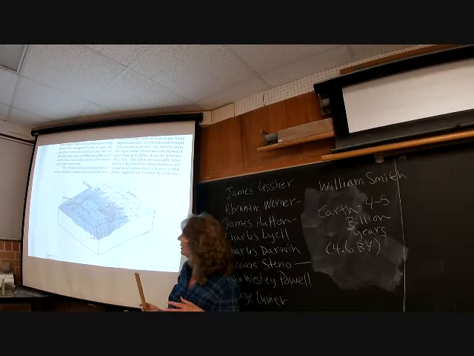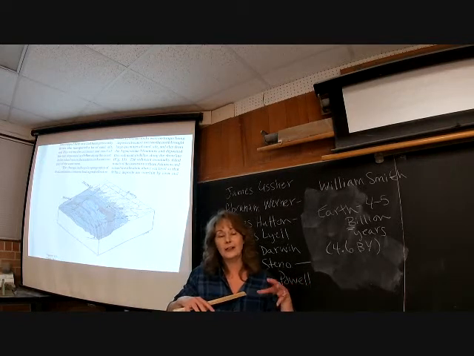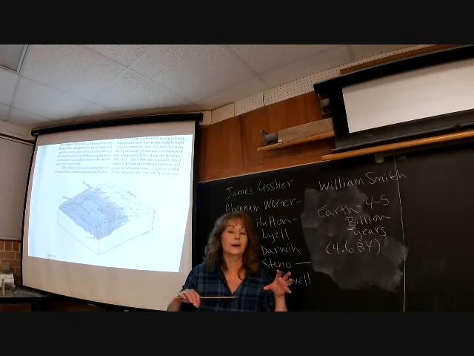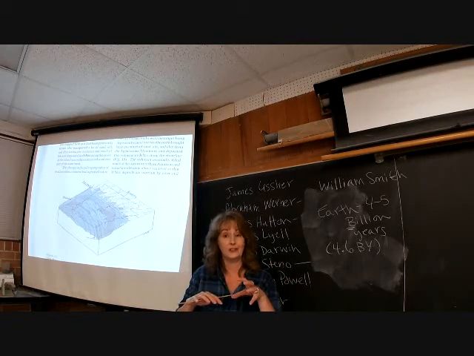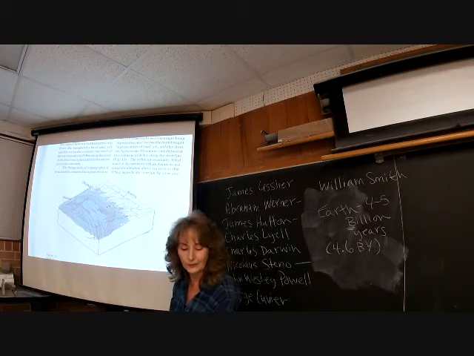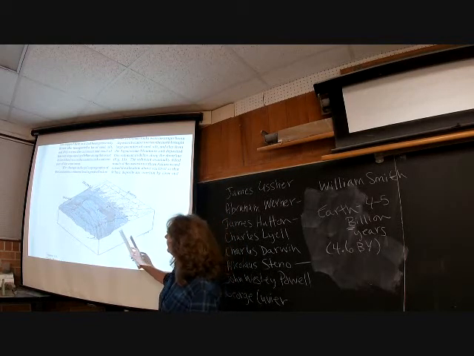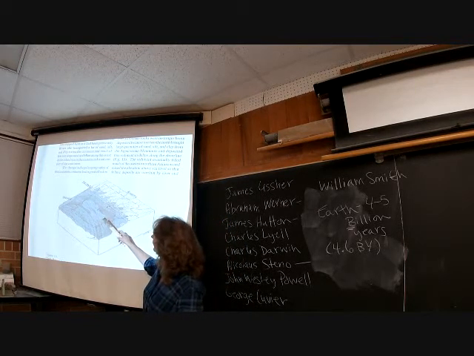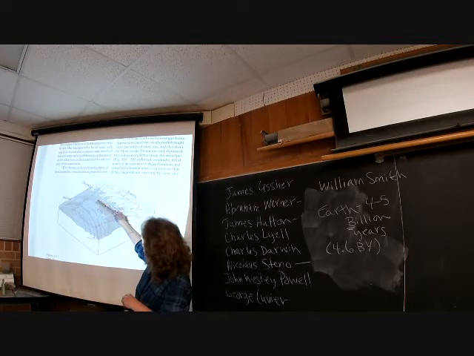This is where Pangea is still assembling. So we're having North America, South America, and Africa all kind of coming together. So we're assembling Pangea at this point, 350 million years ago for this one. And really wrinkling up, okay, in the middle kind of part of Arkansas.